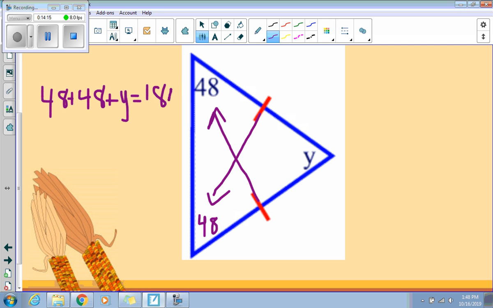If we had Desmos, we could just type this into Desmos, and Desmos would tell us that y was 84. If you don't have Desmos, you can solve it by hand. 48 plus 48 is 96. Subtract 96 from 180 and you'll get 84.